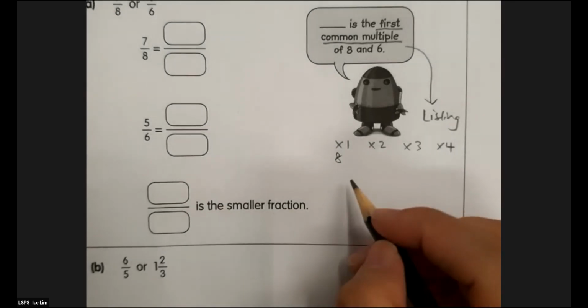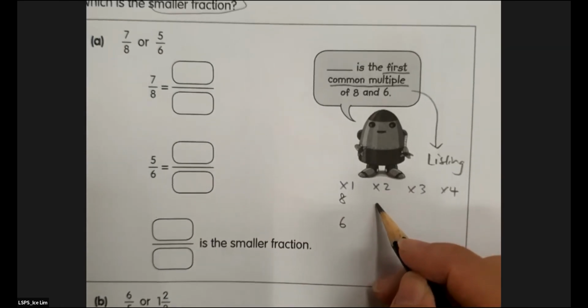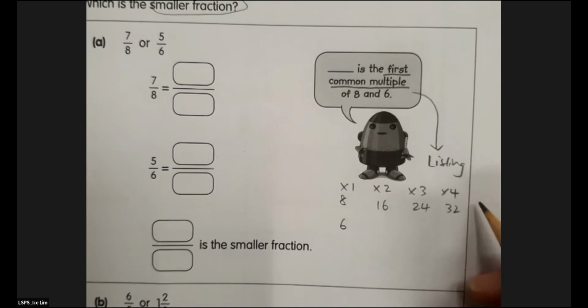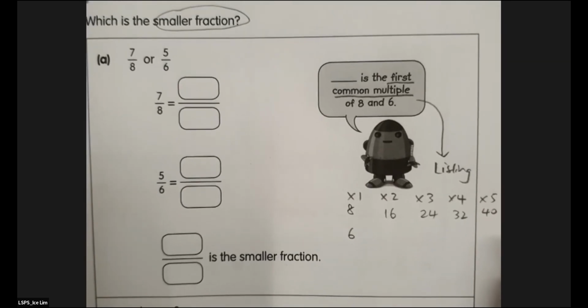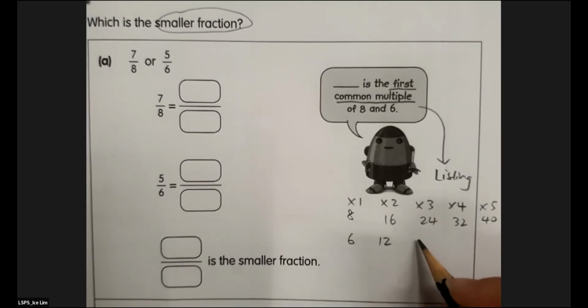Okay, so on and so forth, and then multiples of 6. 8 times 1, 8, 8 times 2, 16, 8 times 3, 24, 8 times 4, 32, 8 times 5, 40, and later we see we need more, okay? 6 times 1, 6, 6 times 2, 12, 6 times 3, 18, 6 times 4.